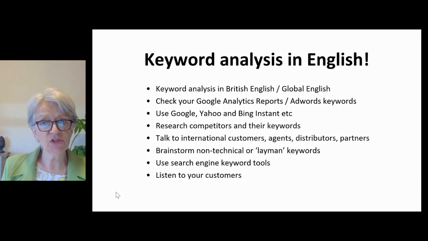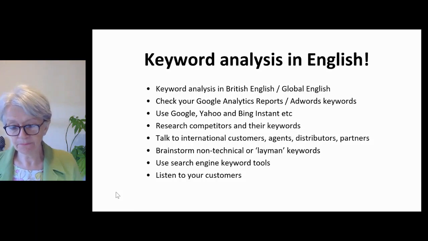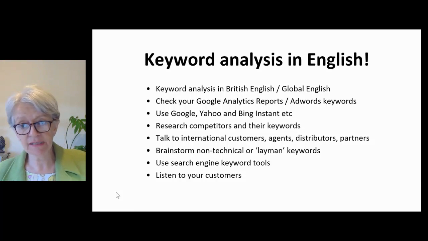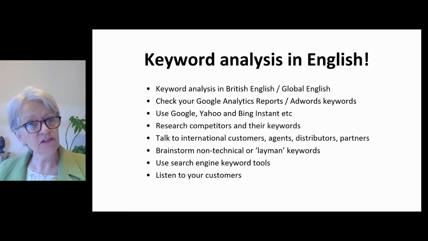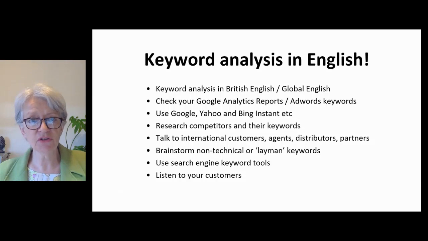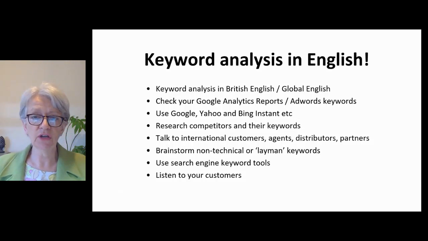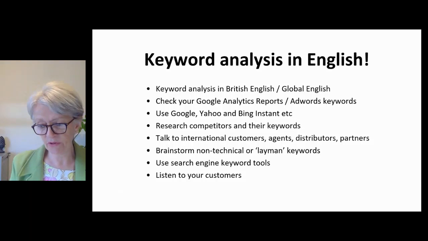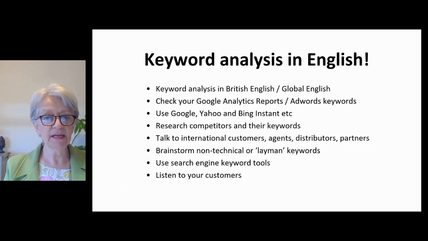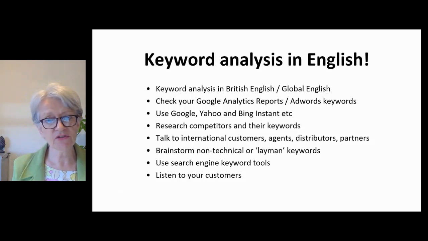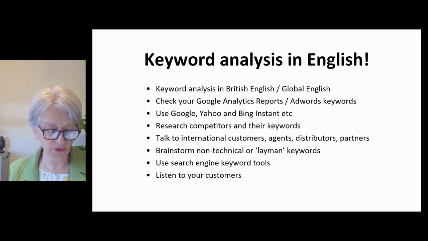So yesterday we talked as well about researching your competitors and their keywords. You can take a look at their content. If you have access to a web tool such as SEMrush or such like, you can look at extracting some of their keywords through that, or you simply right click on their website and click view page source, and you could go into the source code and have a look at the words there.